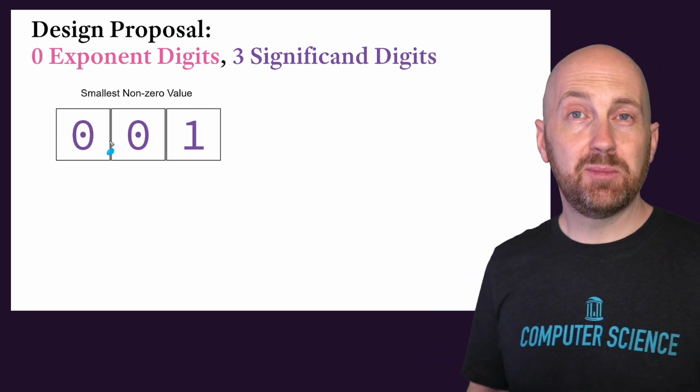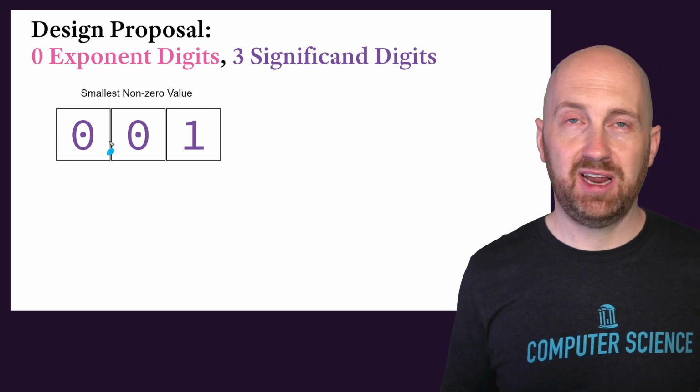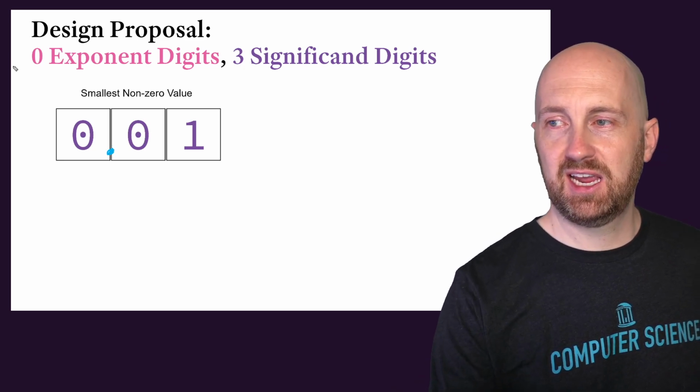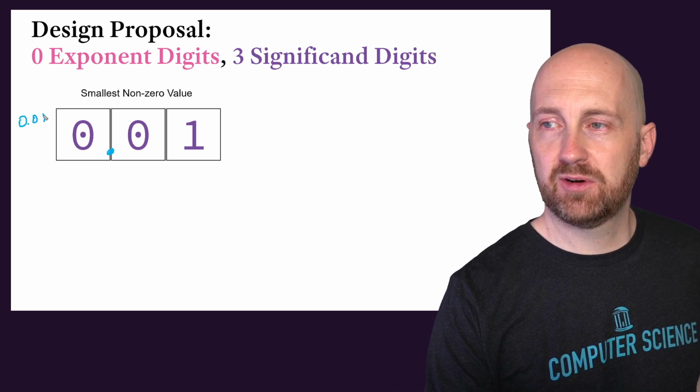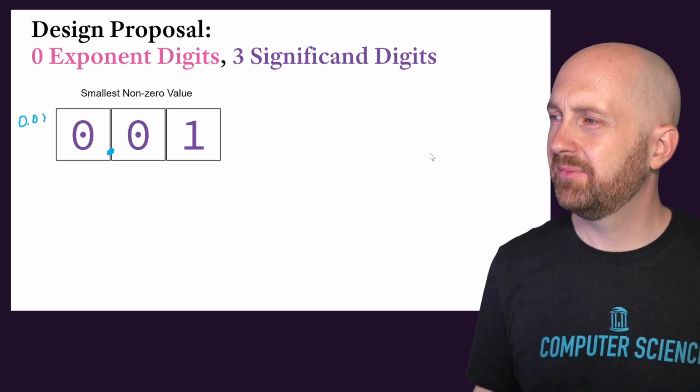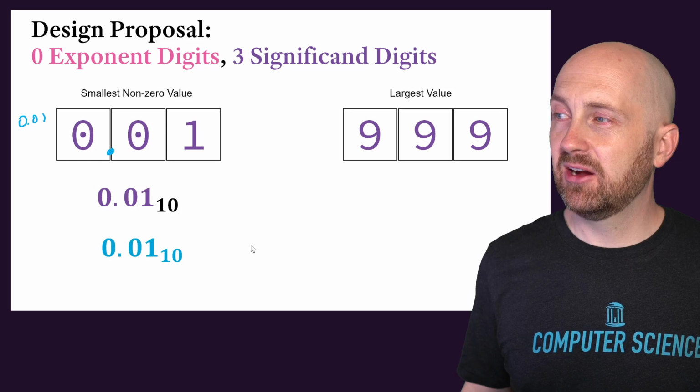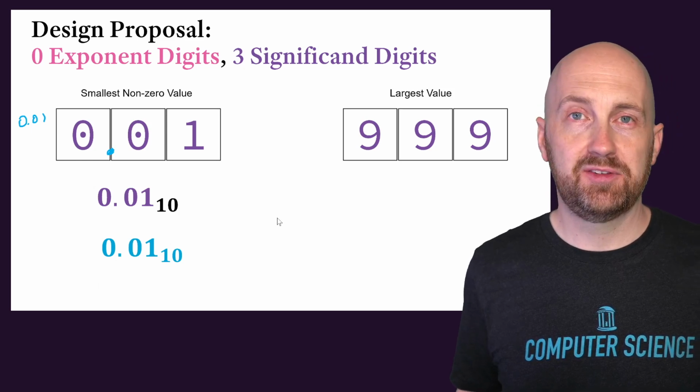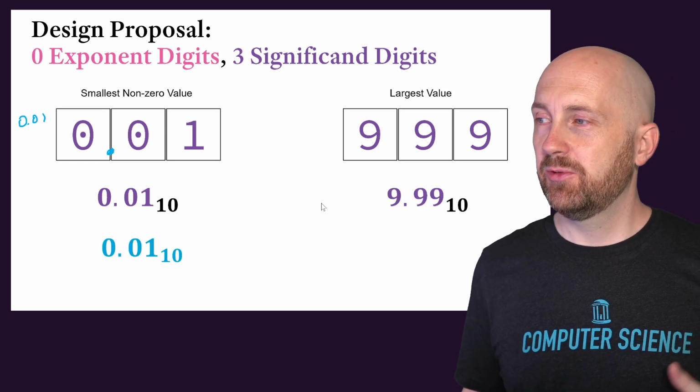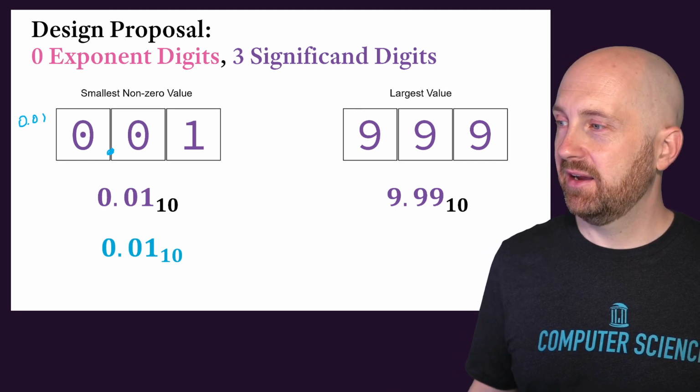And we mentioned that there's an implicit decimal point after the very first digit. So this would be the same as 0.01, right? And the largest value that we could represent is 999, which would be 9.99.